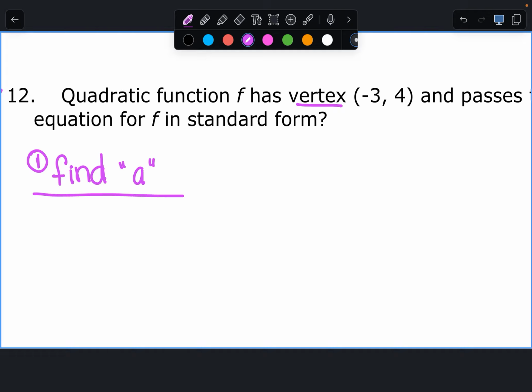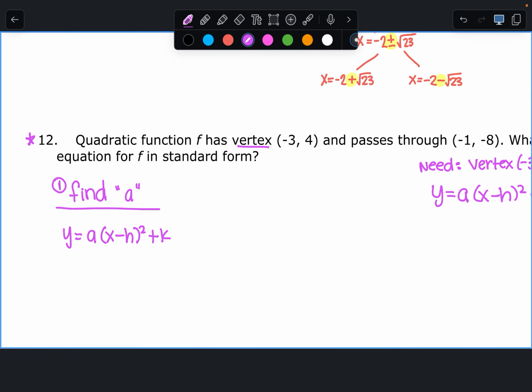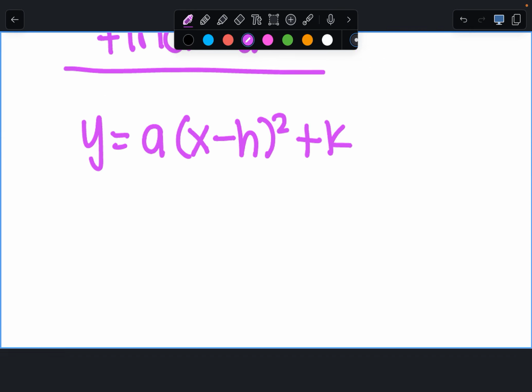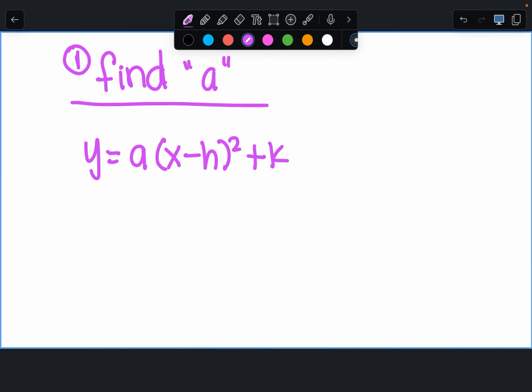Now, to find a, you plug in y, x, h, and k. You label your vertex as h, k, and the random point as x, y. We start plugging numbers in. We replace the y with -8.